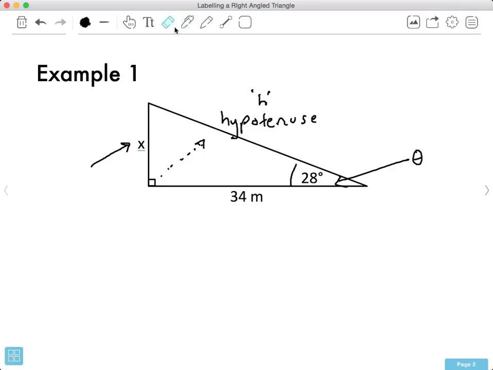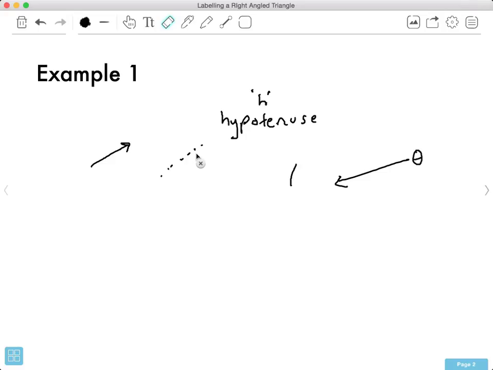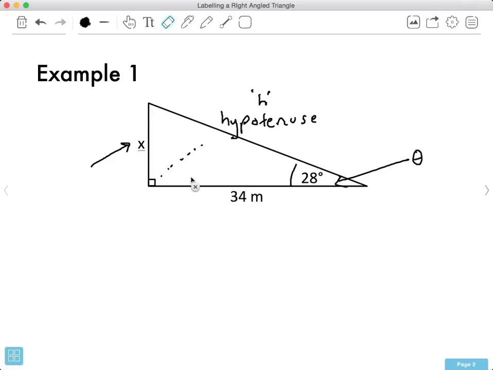The other two labels that we need to do are opposite and adjacent. Both opposite and adjacent are position words. Opposite means across from and adjacent means beside.